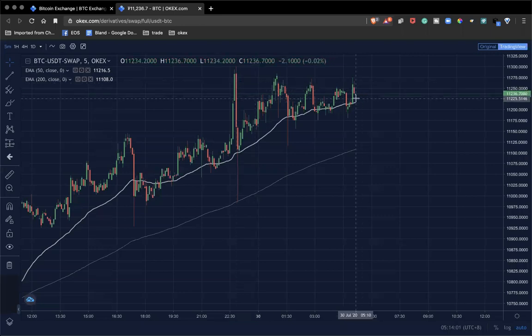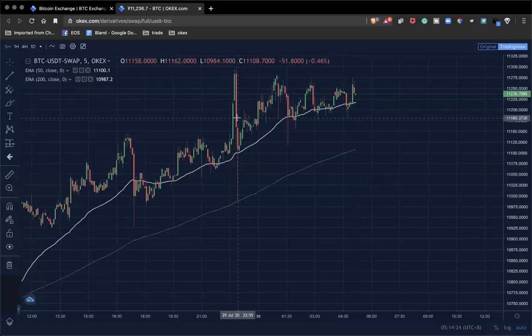So 5 minutes ago, Bitcoin dumped. That's what this red candle is telling me. And this green candle, because it's the latest candle, is telling me that Bitcoin is pushing upwards. So the green candles represent an upward movement in price, and the red candles represent a downward movement.